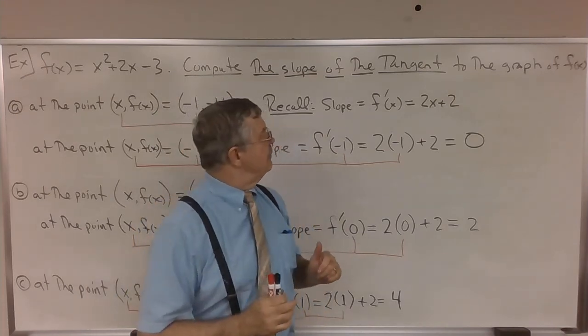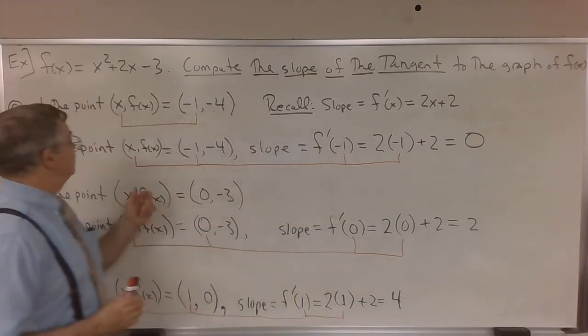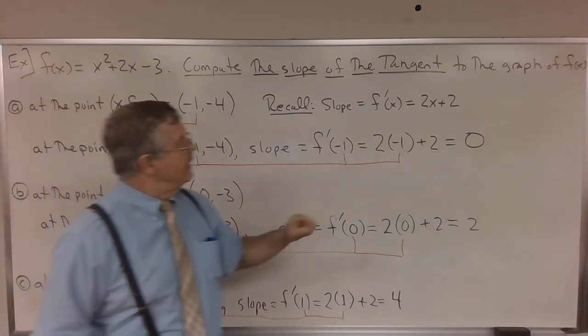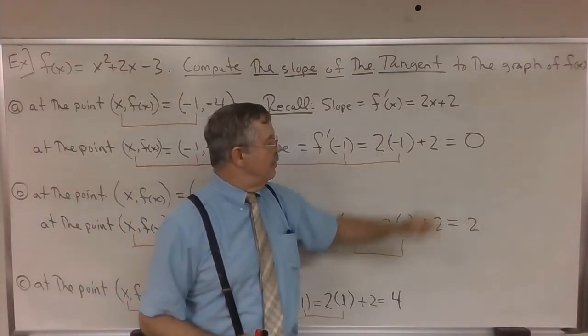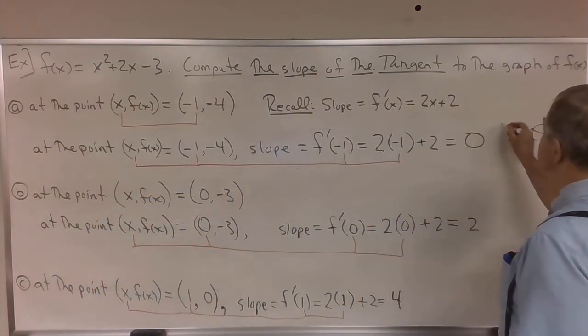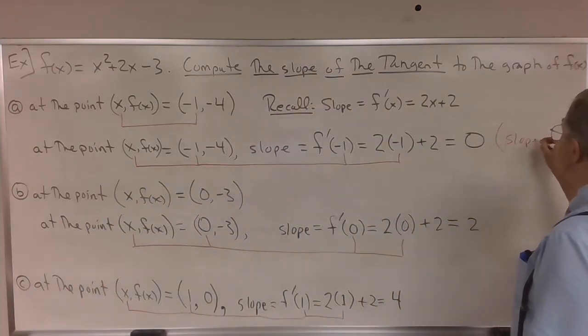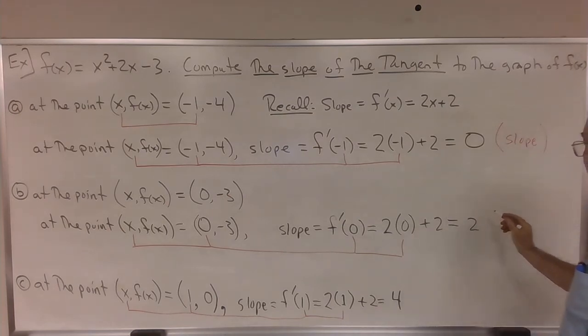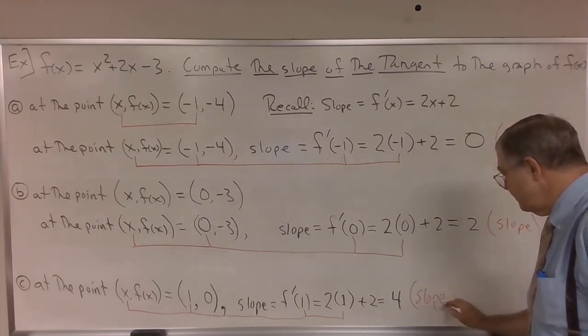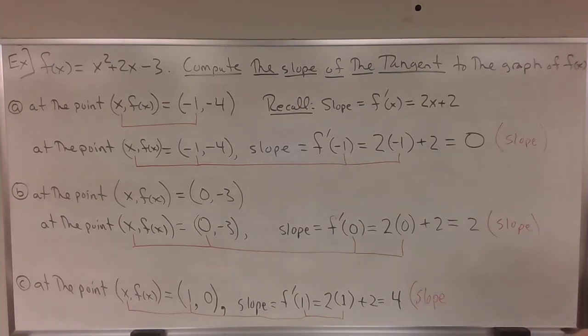All we have to do is plug in the x value of the point, and that gives us the slope. Here the slope was 0. Here the slope was 2. And here the slope was 4. Okay.